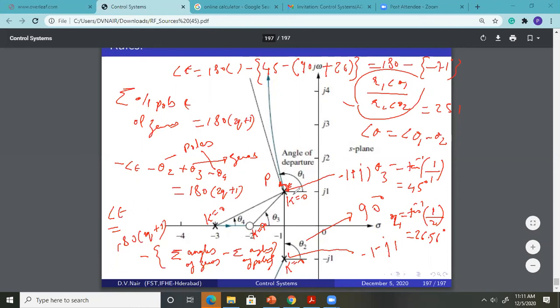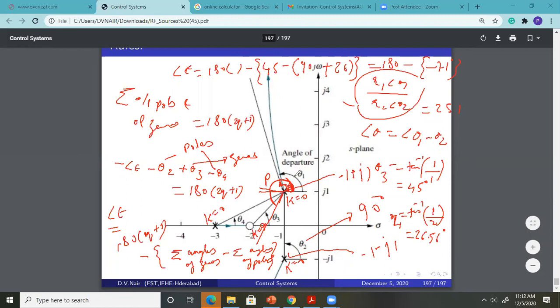So where will 251 be? Here it will be somewhere here. It is 180, this much, and this is 270. So somewhere here will be 251. It will be like this. So this is that angle, the angle of departure, which comes out to be 251.